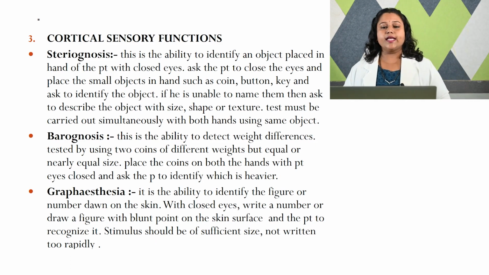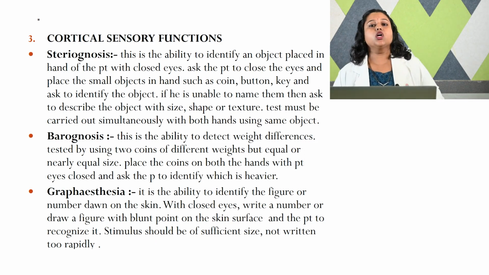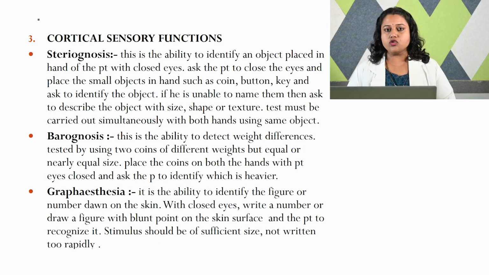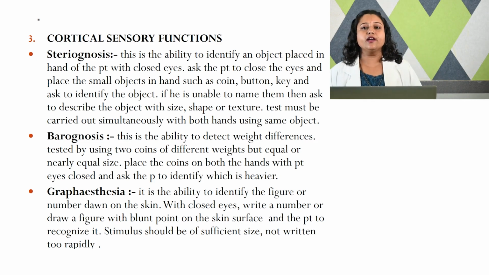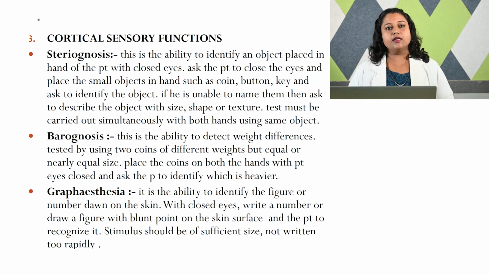Now the third type of sensory examination is cortical sensory examination, or we can call it combined cortical sensations. The first test in that is stereognosis. Stereognosis is the ability to identify an object placed in the hand of the patient with closed eyes. Ask the patient to close the eyes, place small objects in the hand such as a coin, button, or key, and ask to identify the object.